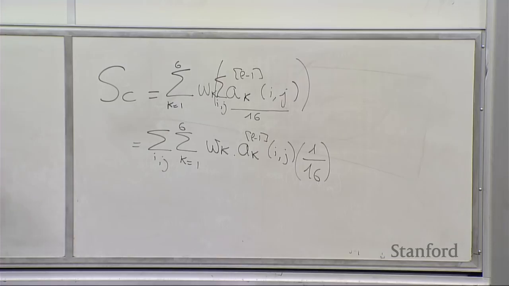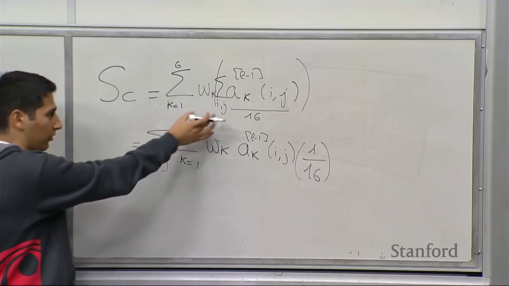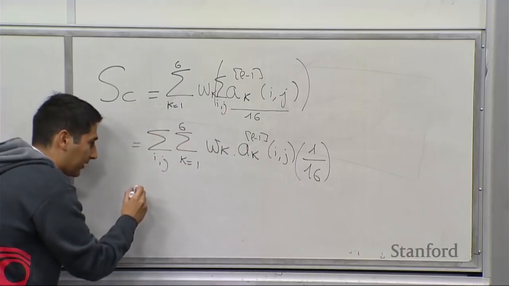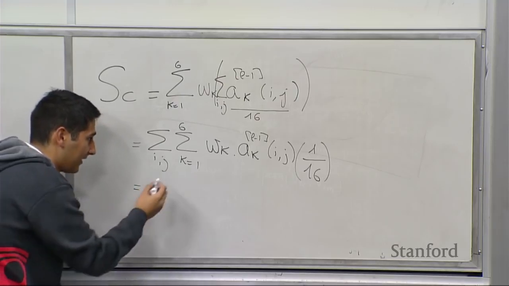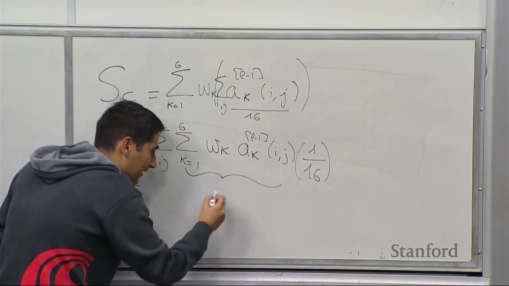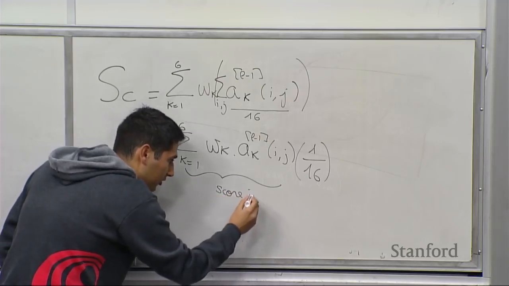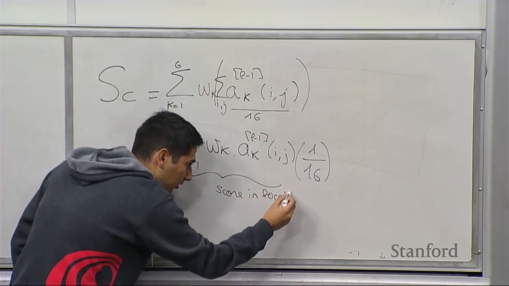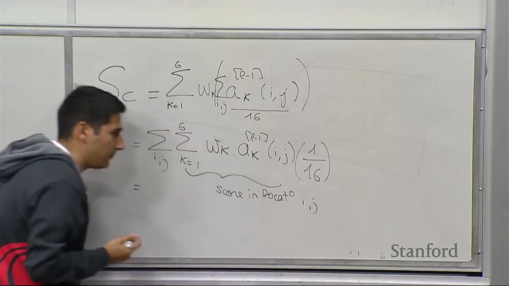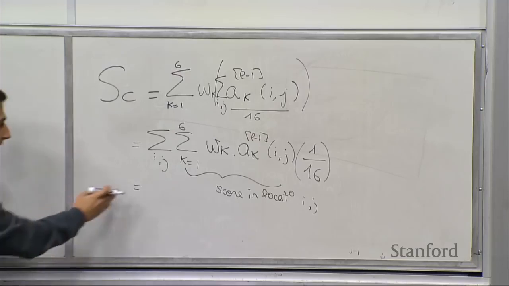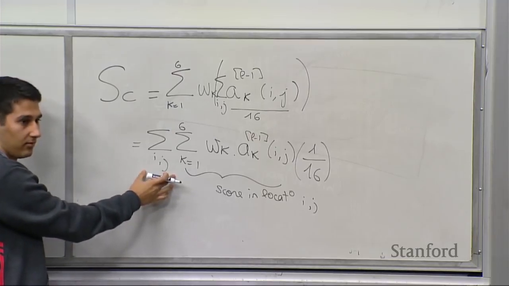Does this make sense? So I still have the location. I still moved the sum around. And what I could do is to say that this thing is the score in location ij of the class activation map. It's the class score for this location ij, and I'm summing it over all locations.